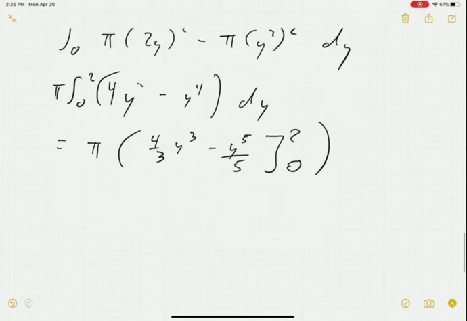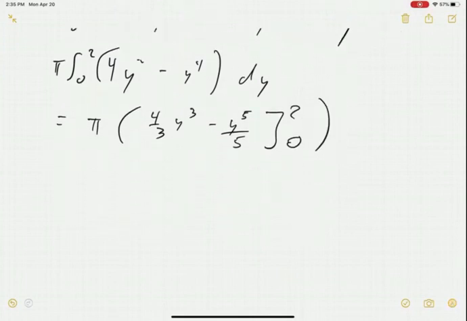I should get this antiderivative, and that should evaluate to, I believe, 64/15 pi.